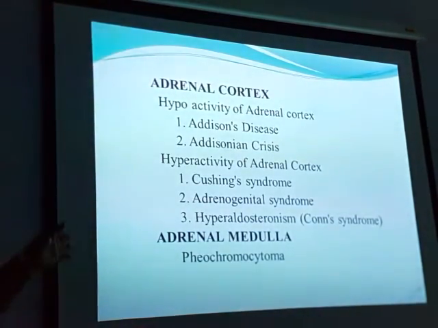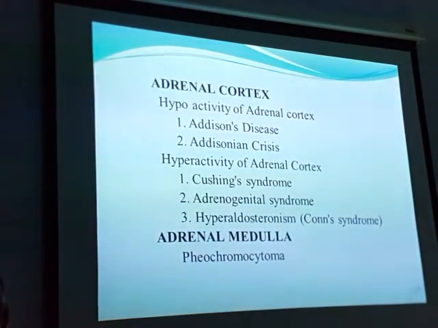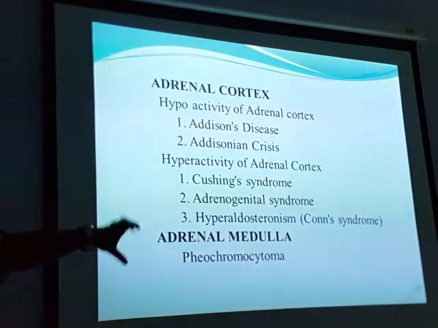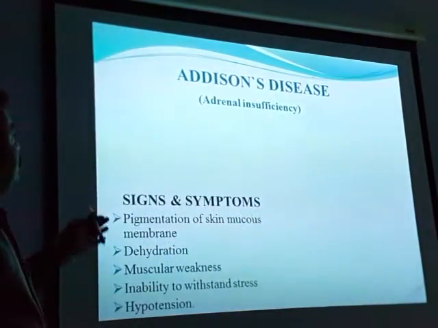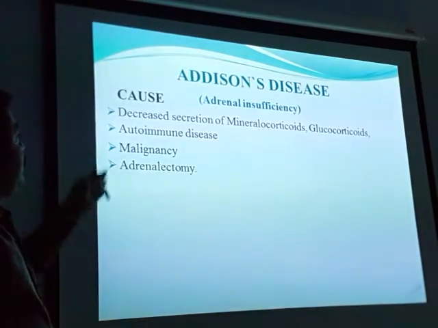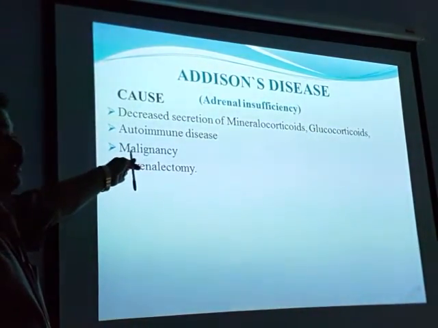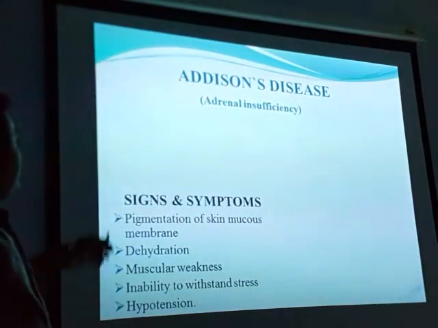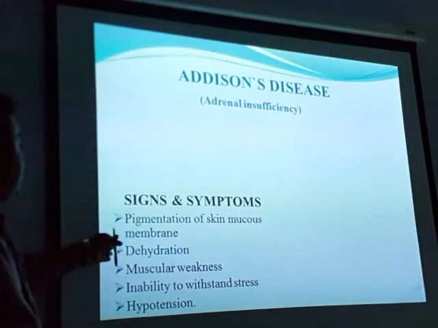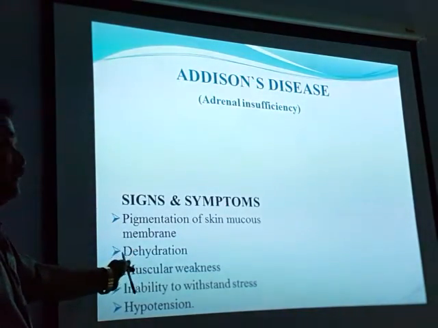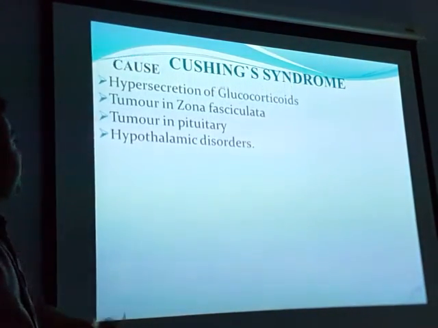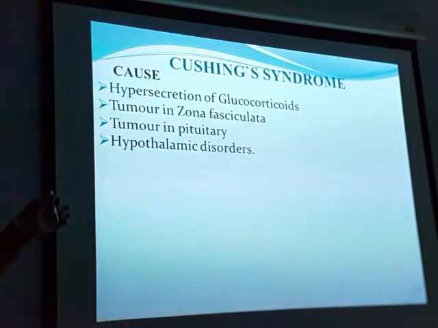In the adrenal medulla, pheochromocytoma is a tumor in the medulla. The signs and symptoms of Addison's disease are pigmentation of the skin, dehydration, muscular weakness, and hypotension.